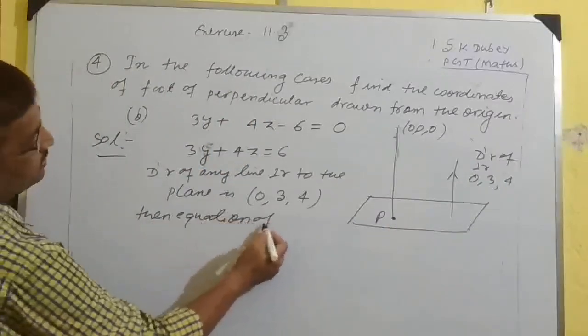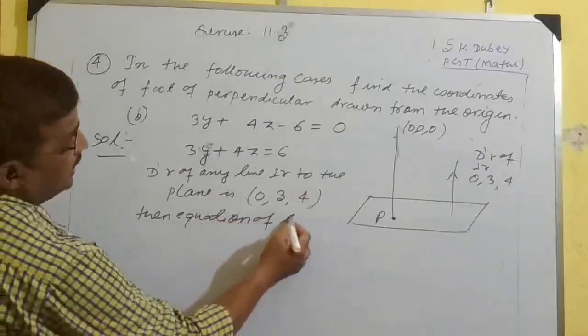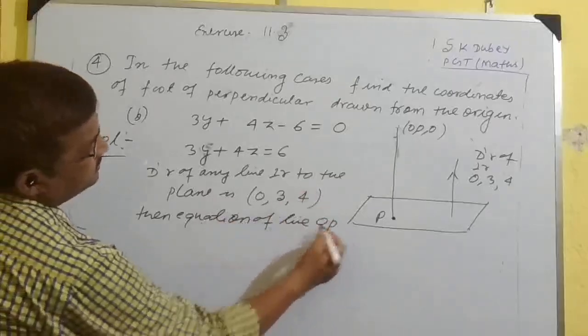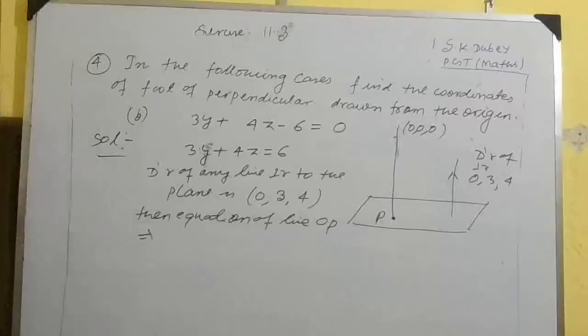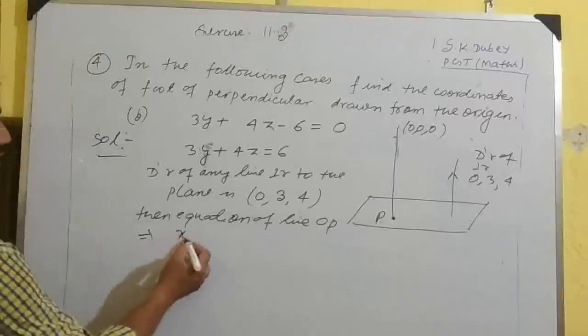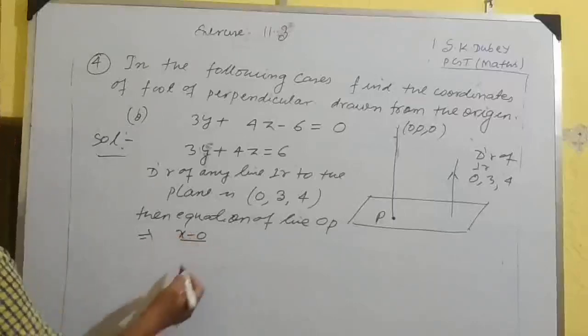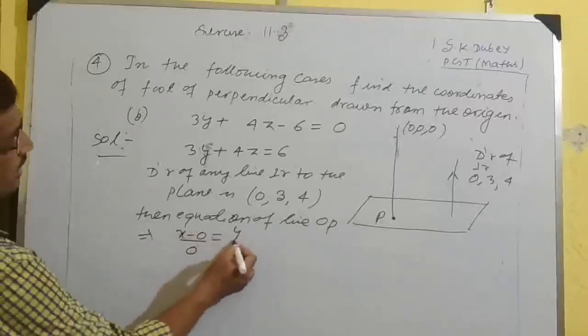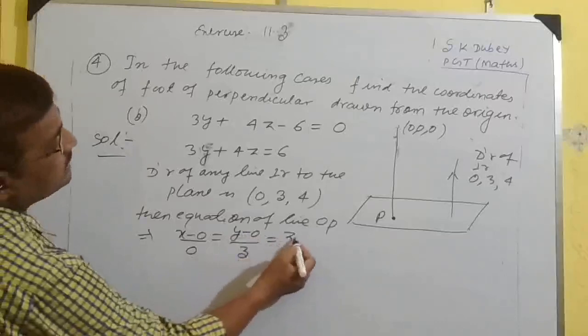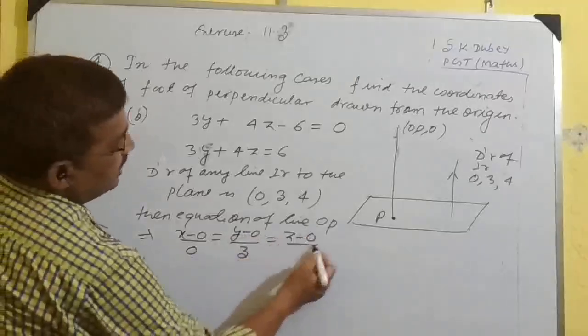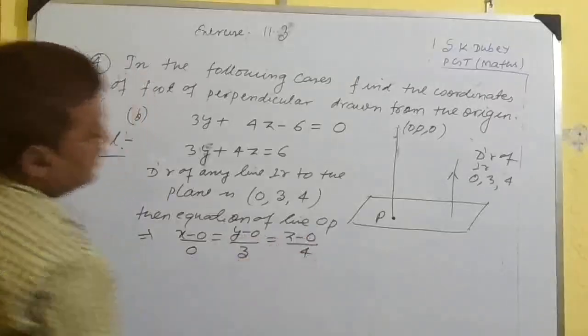The equation of line OP, the line passing through O and P, is x minus 0 by A, which is 0, y minus 0 by B, which is 3, and z minus z1, which is 0, by C, which is equal to 4.